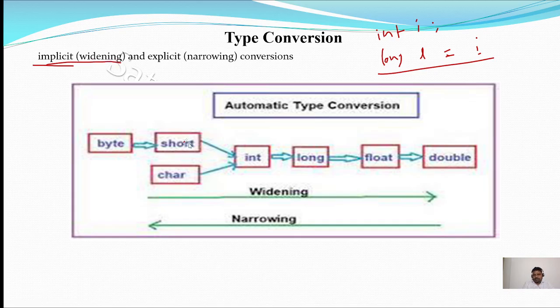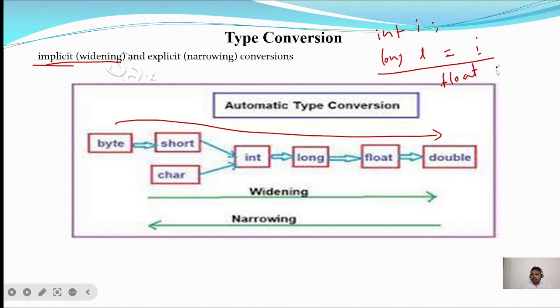That is in the forward direction; you can see the arrow here, byte to short and short to int, like that. For example, here I consider a float f and a long L. In this case, L equal to f, the float is converted into long type, as we already discussed.